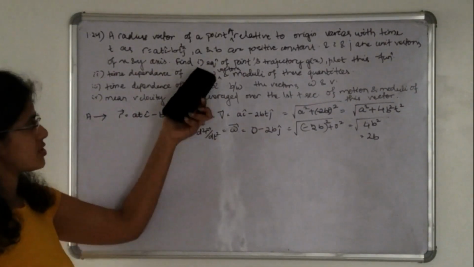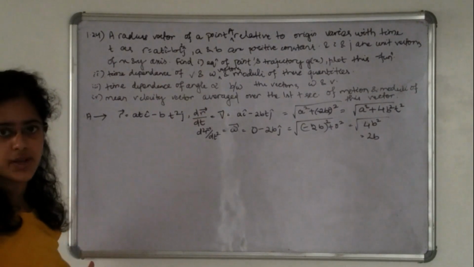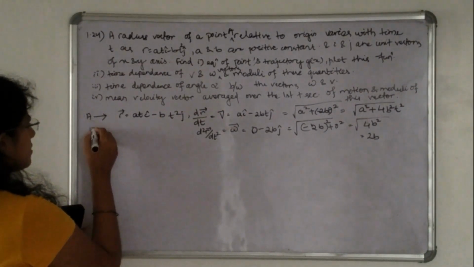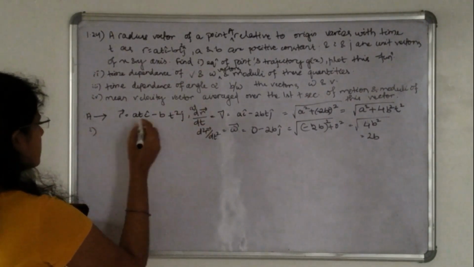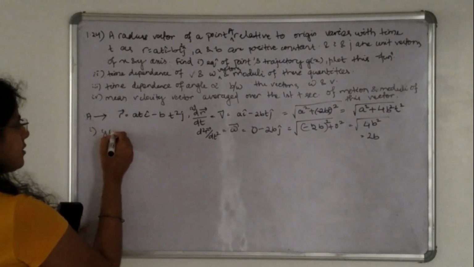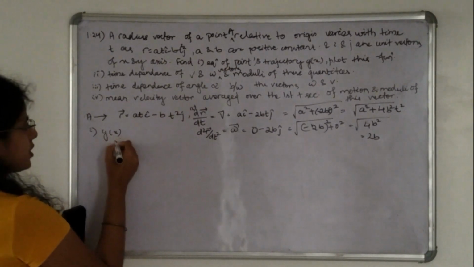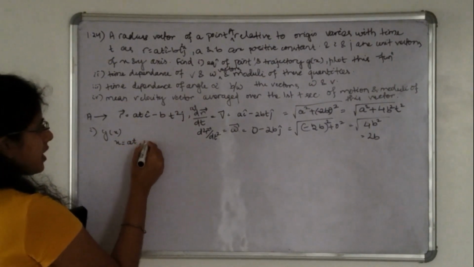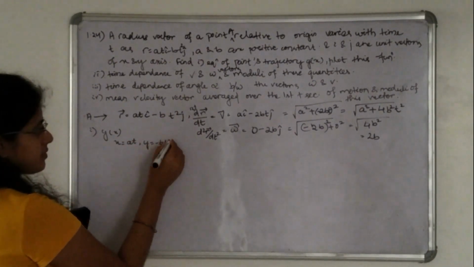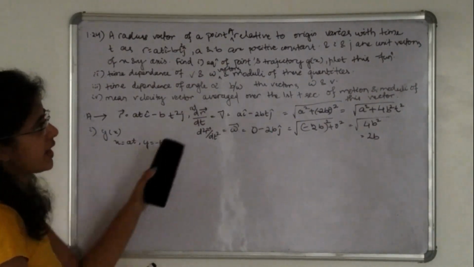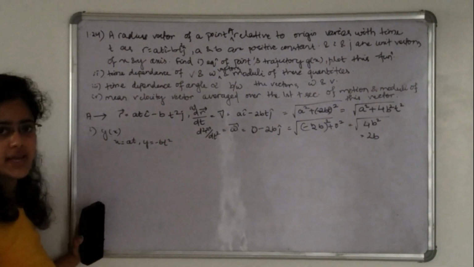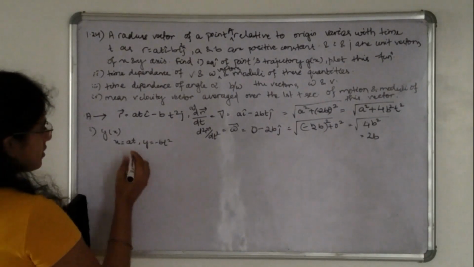Okay, so the first question is to find the equation of the point's trajectory, y of x. The second question we have already found. First, we have to find y of x. From this equation we know that x is equal to at and y is equal to minus bt square, because i cap and j cap are the unit vectors of the x and y axes respectively.